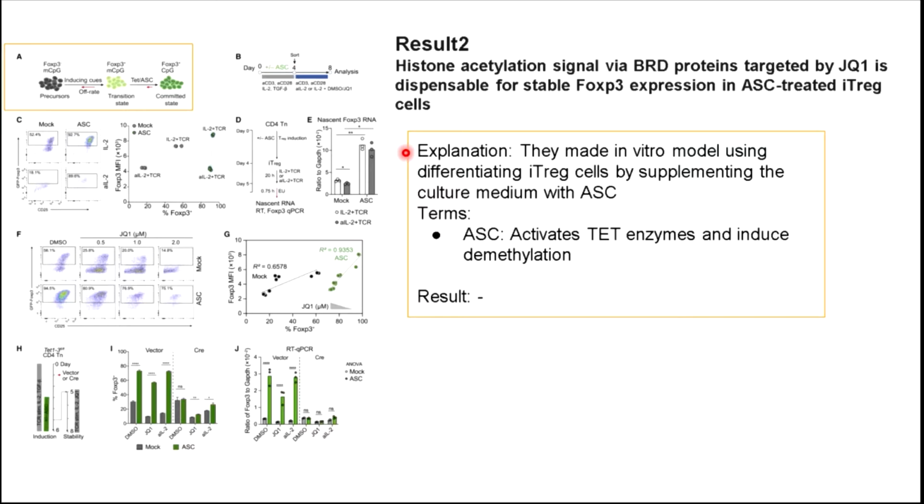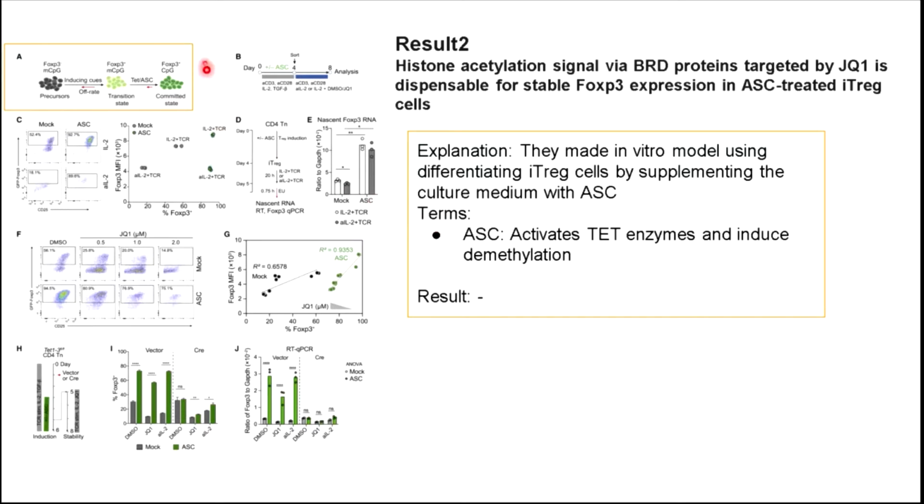In this part, they made an in vitro model using differentiating iTreg cells by supplementing the culture medium with ASC that activates TET enzymes and induces active DNA demethylation. They made this in vitro model because in vivo experiments are not readily accessible.